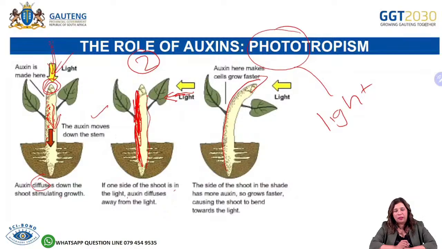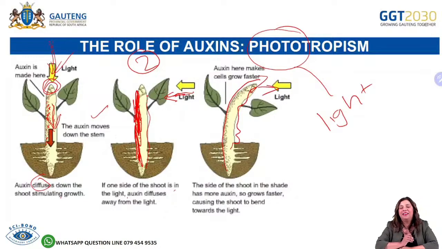Why is it going to grow faster? Remember, auxins are responsible for cell elongation. It's responsible for making cells longer. So even though this side is going to grow normally, the side which has the auxins, which is on the far side, is going to bend, because cell elongation is occurring. And where is it bending towards?